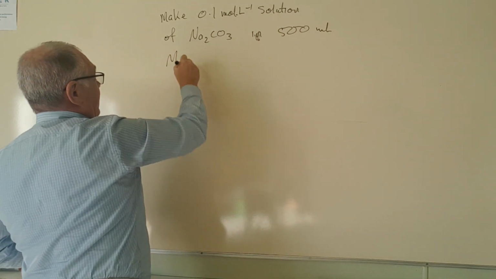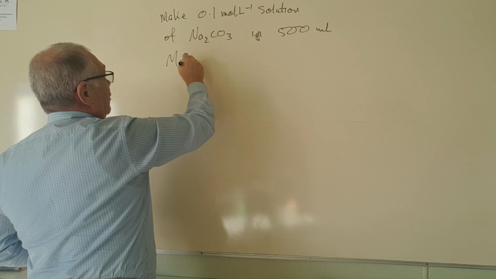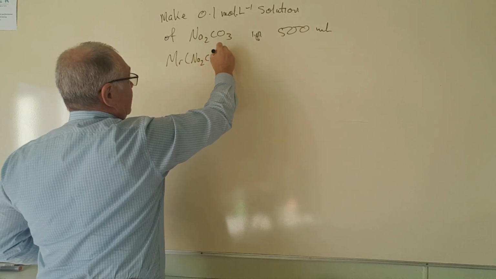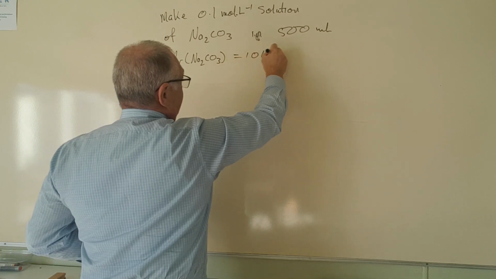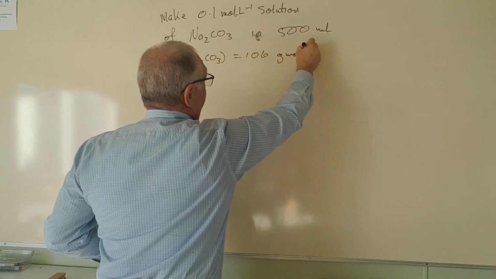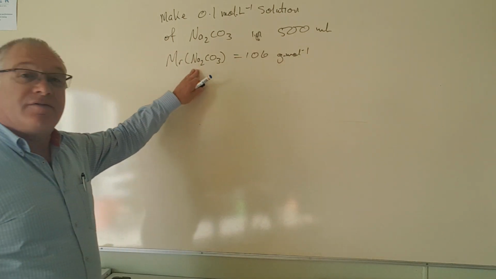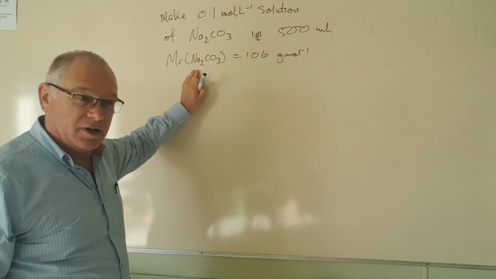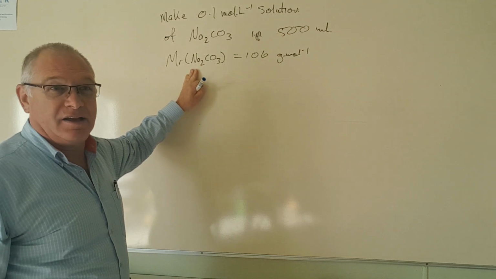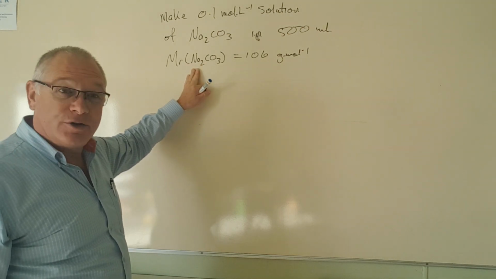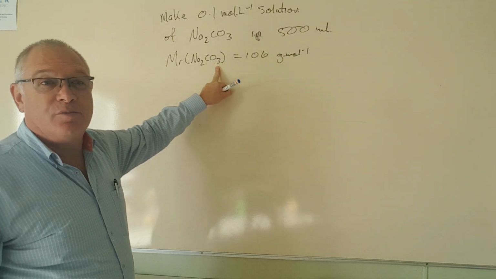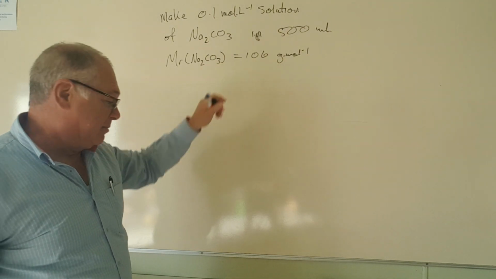And I'm told again that the molecular mass of sodium carbonate is 106 grams per mole. If you're not given the molecular mass, then of course we'll need to calculate it by adding together the atomic masses. So I'd need 2 sodiums, 1 carbon and 3 oxygens, and you'll be given the data, or you can look it up in a periodic table.